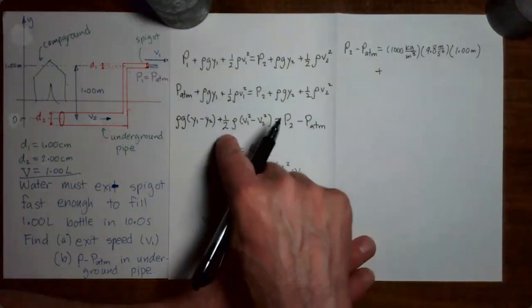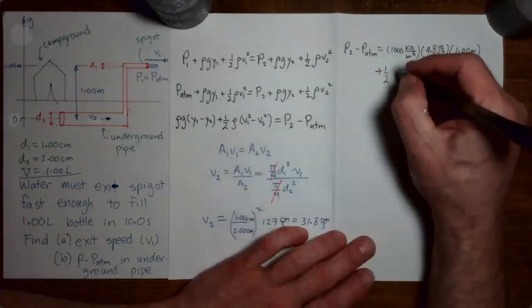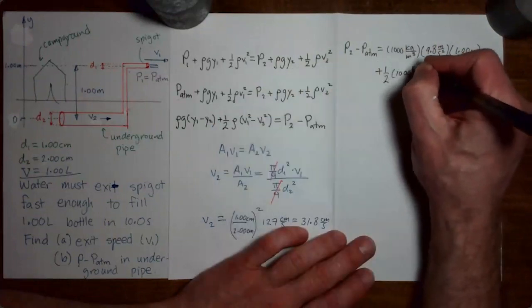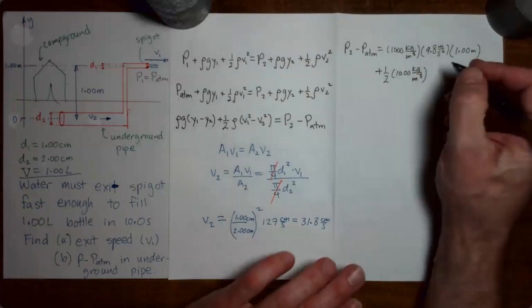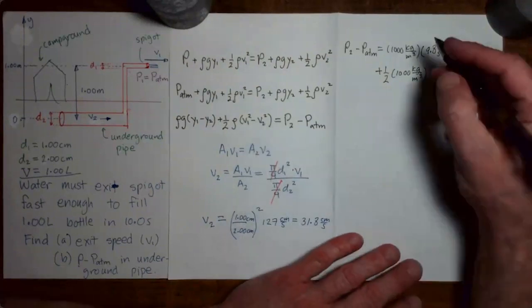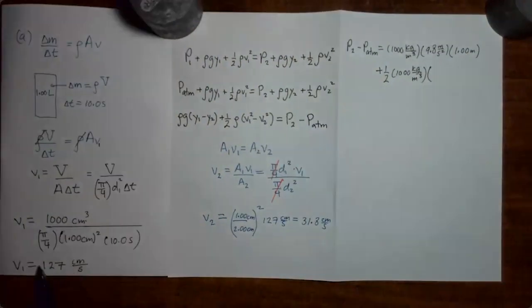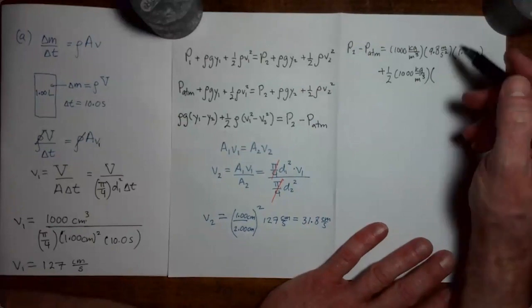Now, to that, let's add the second term. So we have plus 1/2, again, density of water, so 1,000 kilograms per cubic meter. And then we have V1 squared minus V2 squared. I showed you earlier that V1 is 127 centimeters per second, but here I'm doing everything in MKS.